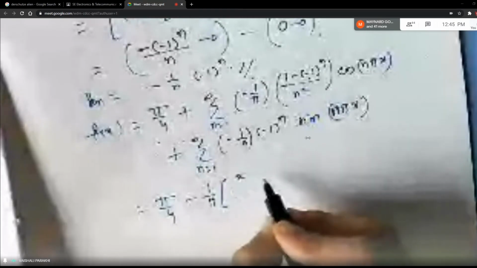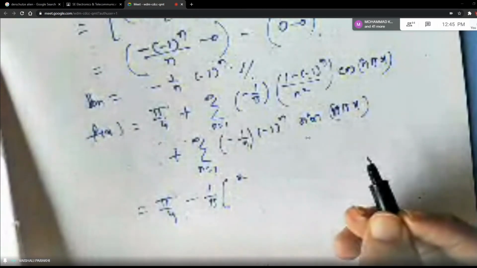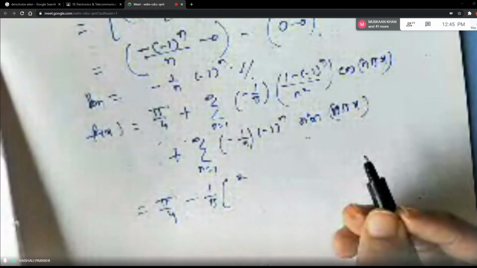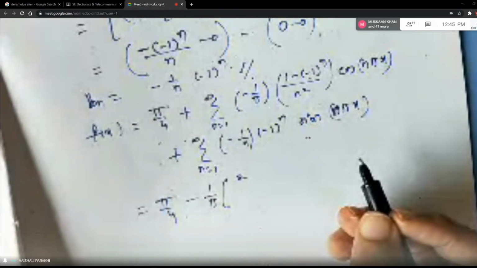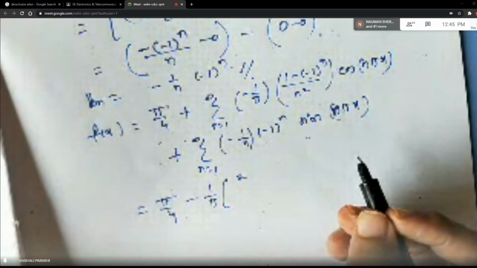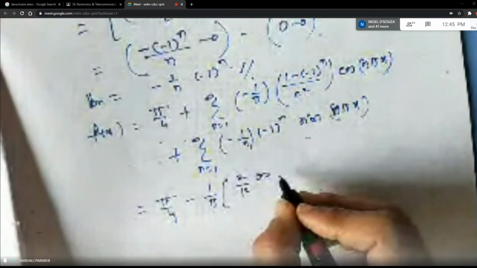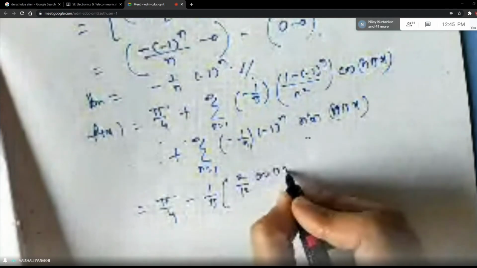So it is 2 by 1 square into cos of pi x.